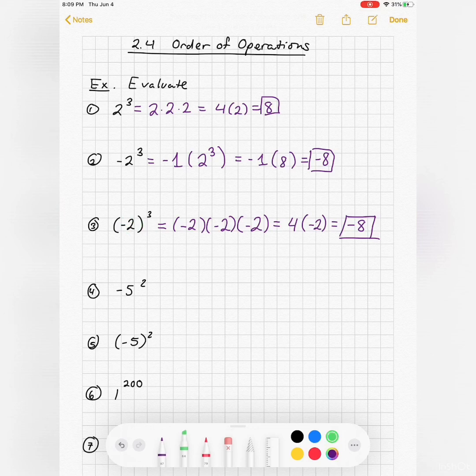Okay, so look at number 4. Number 4 here is more like number 2, right? This is like the -1 times the 5 squared. 5 squared is 5 times 5, that's 25. So the result is -25.